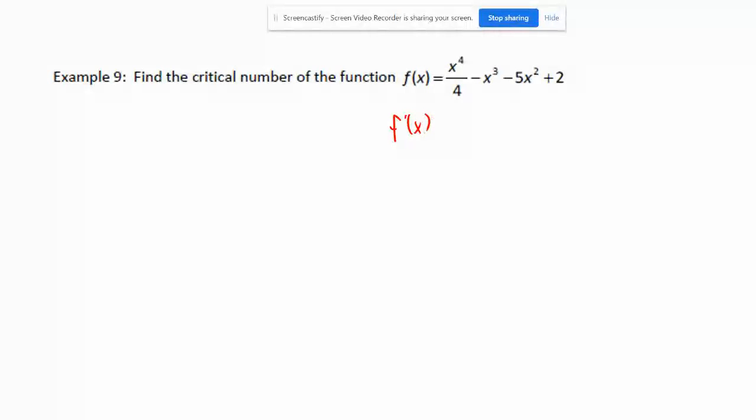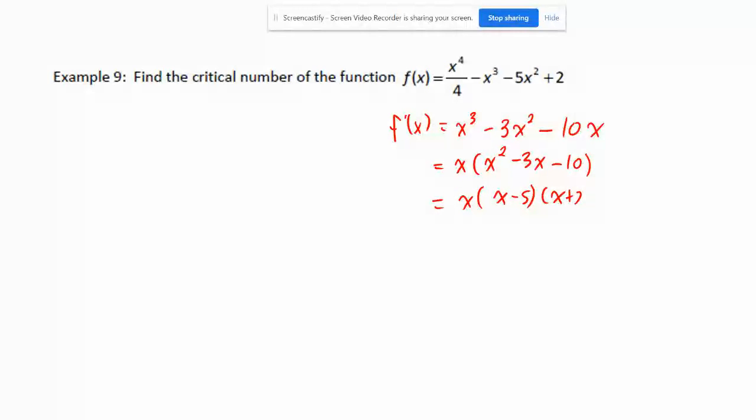The 4 comes down and cancels out with this 4, giving x cubed minus 3x squared minus 10x. I made a mistake here, guys, that means this is a minus 10. Now if I factor this, it factors nicely as x times (x minus 5)(x plus 2).